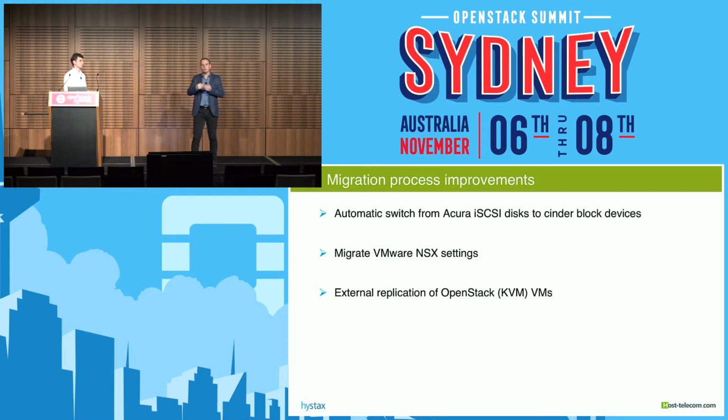So we are excluded, iSCSI disks are not used anymore, and data is written and read directly from regular Cinder volumes. The next thing is to replicate and recreate VMware NSX settings. We want to provide a way to recreate load balancers, firewalls, VPN connections, and things like that. Currently we don't support that, but we are focusing on it.